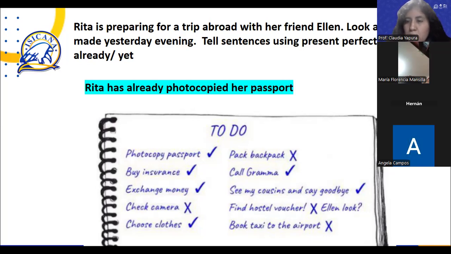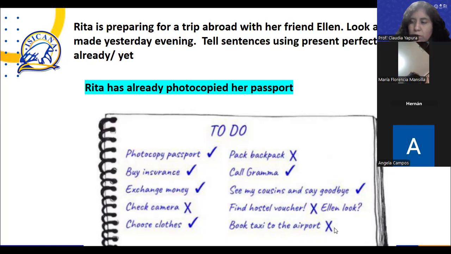Yes? And the next one, Hernan. Okay. Rita hasn't checked camera yet. Okay. Hasn't checked. We use yet finally in the final. Yes. And in negative sentences we use yet. Yes. Okay. Can you do the last one, Florencia?